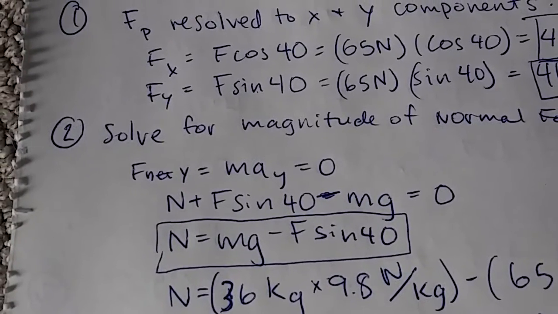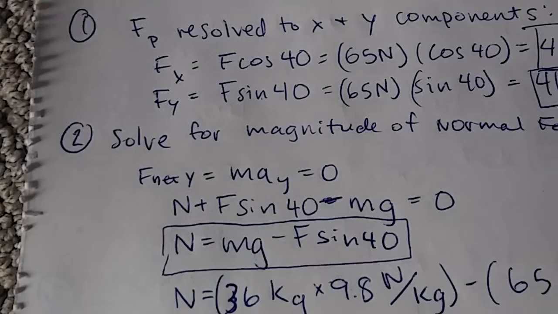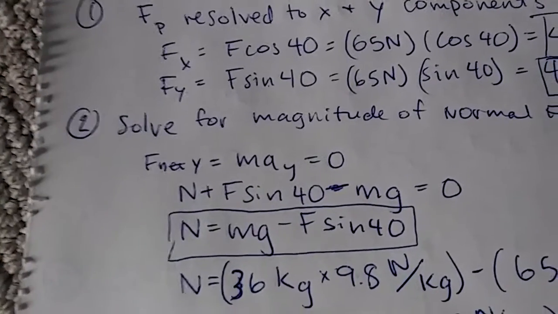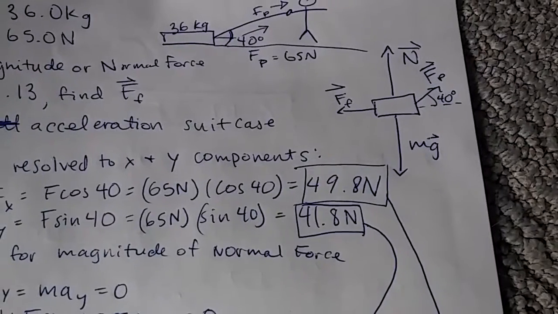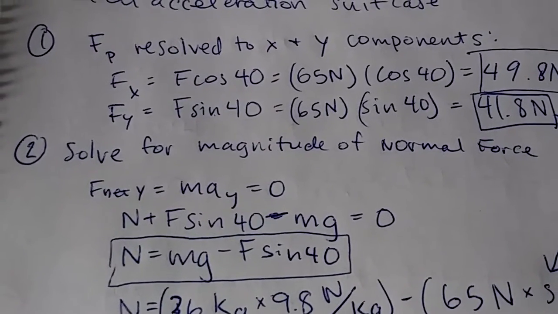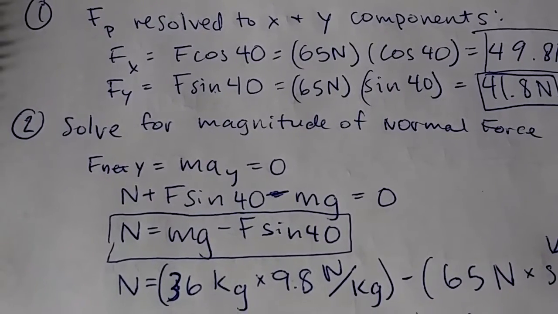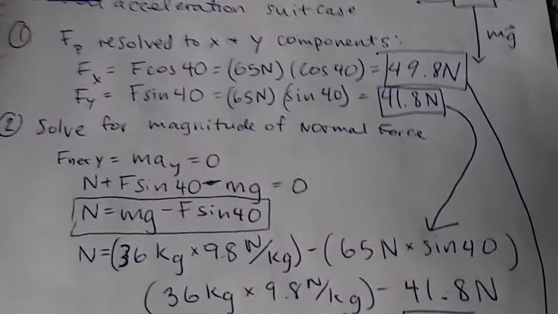So my F net in the y direction would be N plus F sine 40 minus mg. Then N is equal to mg minus F sine 40, so we can solve for the normal force.